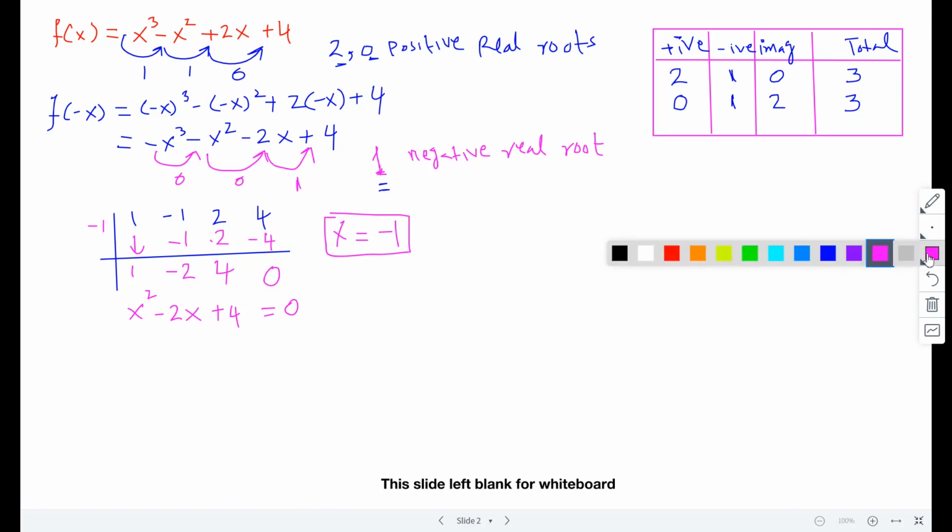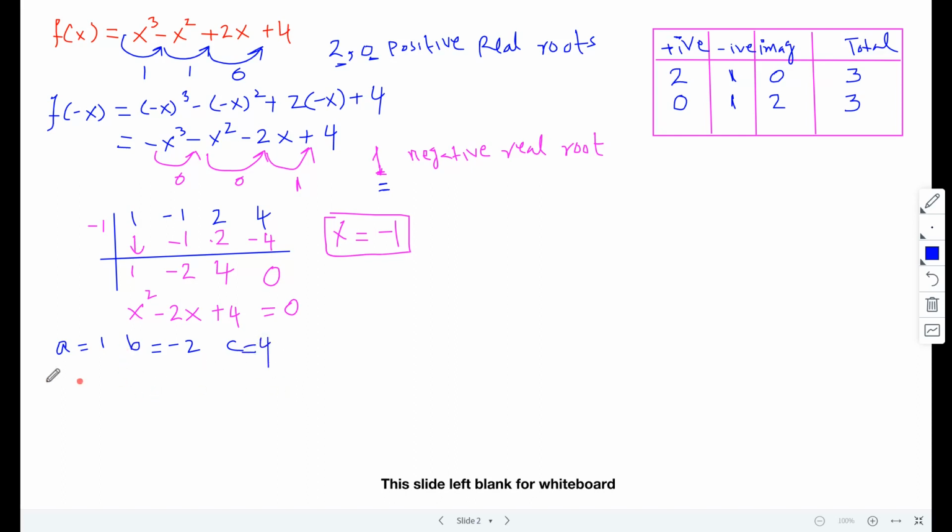We cannot factorize it because the numbers are not suitable, so I have to solve it by the quadratic formula. a equals 1, b equals negative 2, c equals 4. x equals minus b plus or minus the square root of b squared minus 4ac, over 2a.